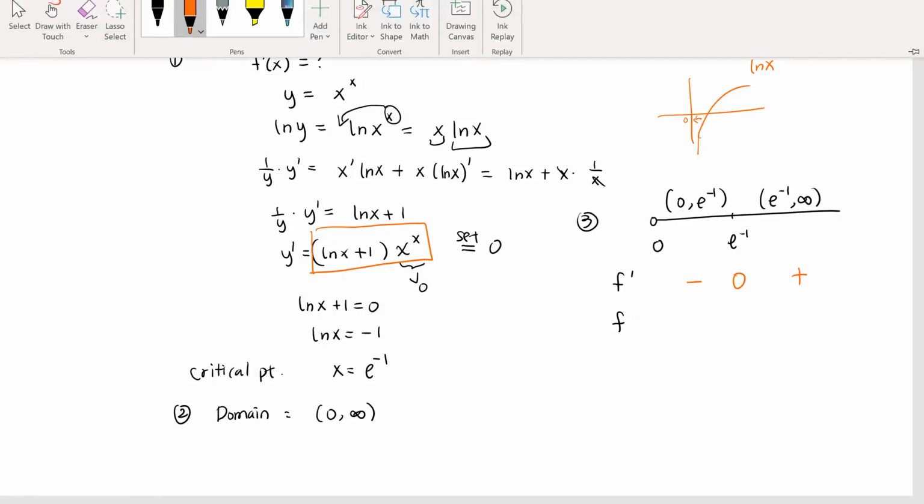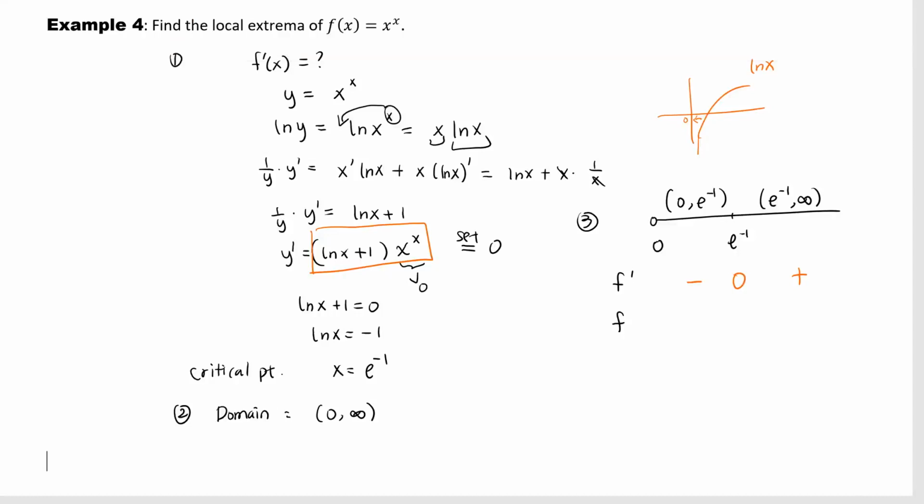And so we know that if f prime is negative, f is decreasing. If f prime is positive, then f is increasing. Well, decrease and increase, what do you call this guy? Yes, local minimum. So how do we answer it? f is increasing, you can also say f increases, on e to the minus 1 to infinity.